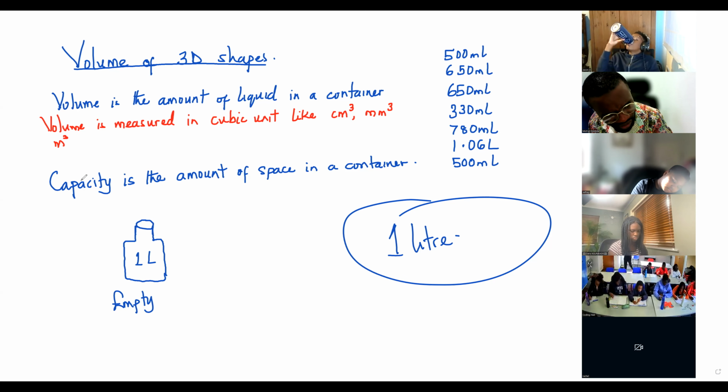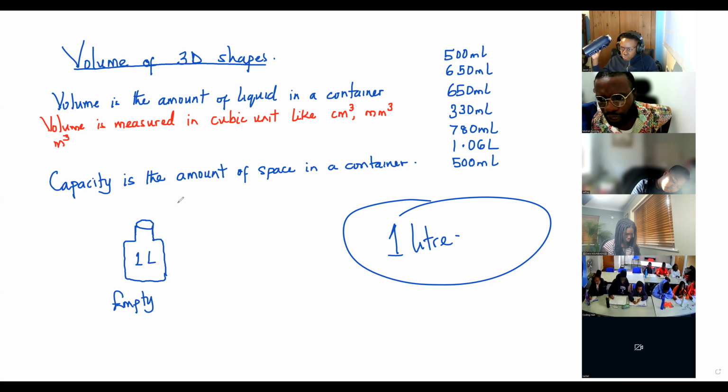Yes, Rhoda, can we also draw the container? You don't have to draw that.